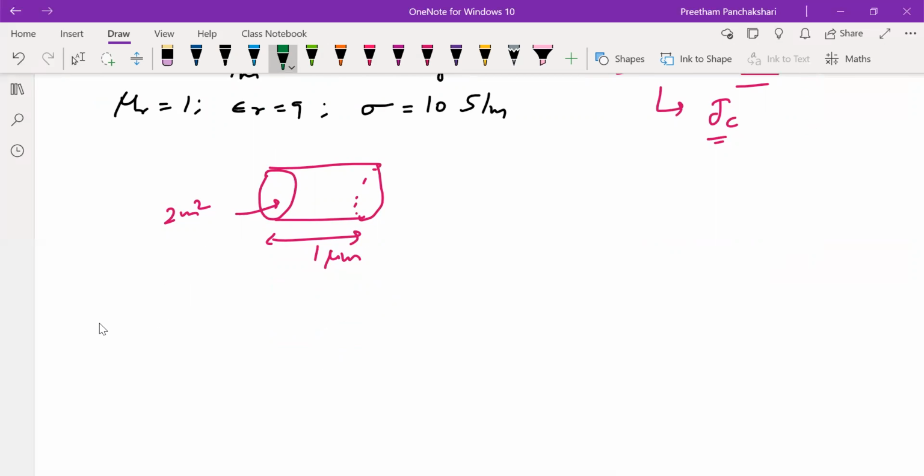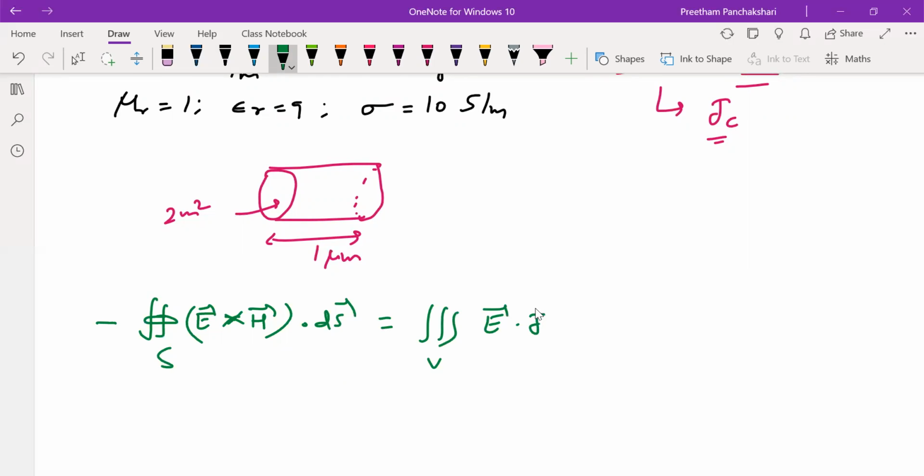The mathematical representation of the Poynting theorem is like this. Closed surface integration of the Poynting vector E cross H equals volume integration of power dissipation density. So E dot J is the density of power dissipated. Volume integration gives total power dissipated in a volume.